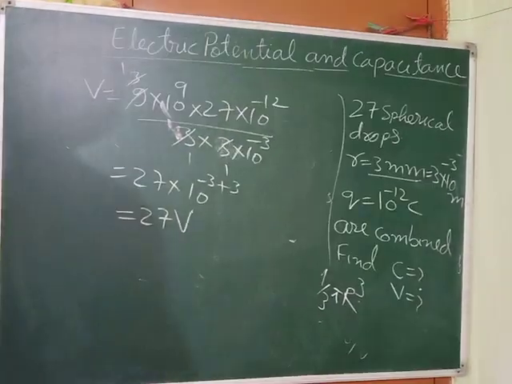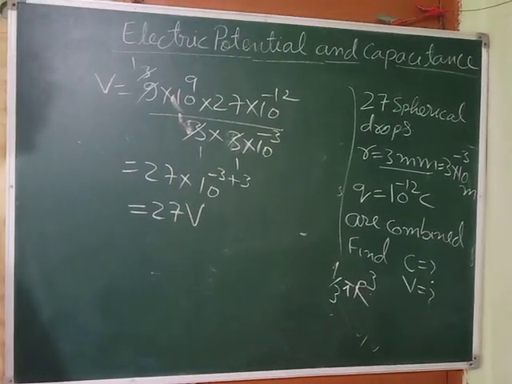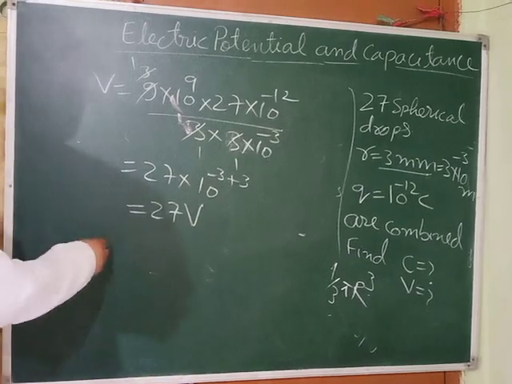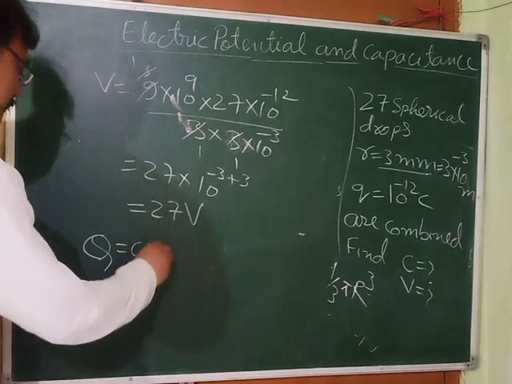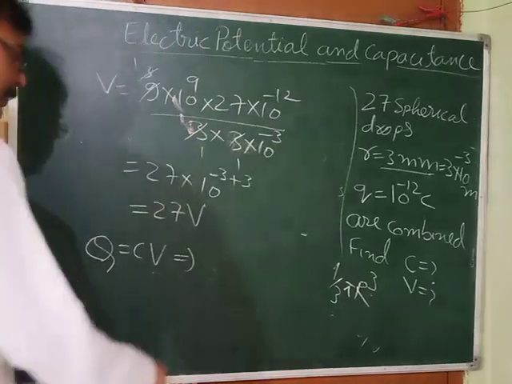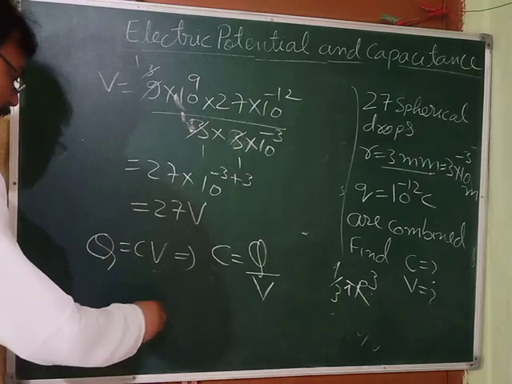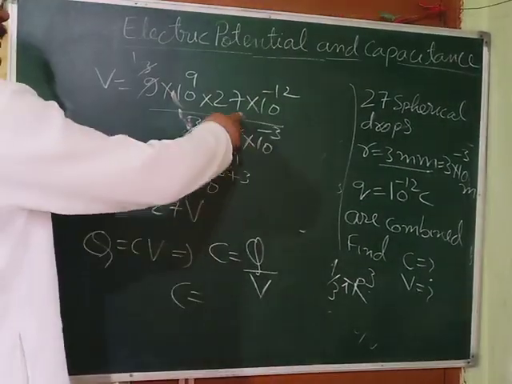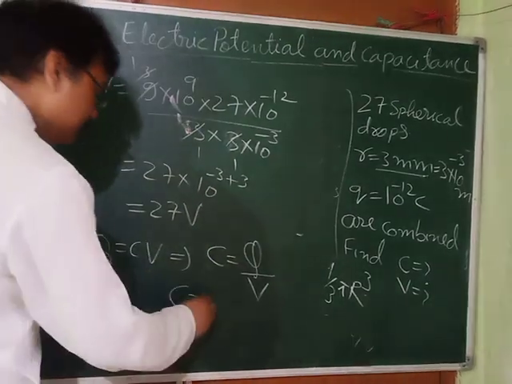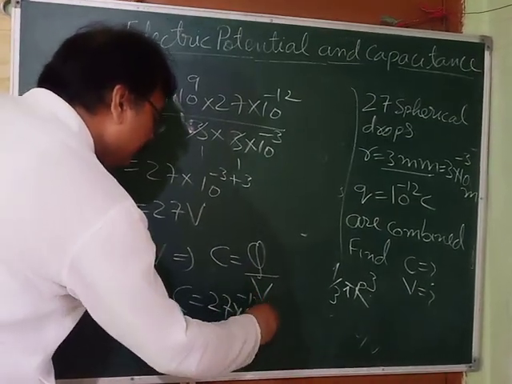Now we want to find out the capacitance. Okay, we know the charge. Can we find out the capacitance? Yes. Q is equal to CV. So from here what we can get? C is equal to Q by V. Okay. So C is equal to Q, which is 27 into 10 to the power minus 12.